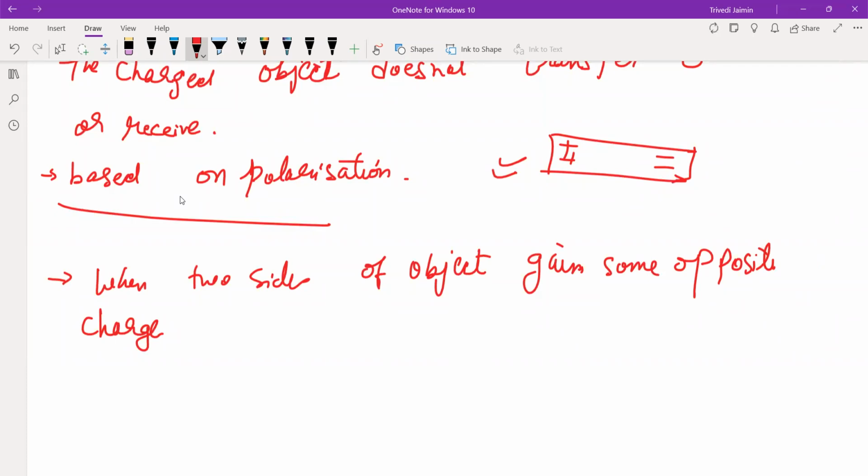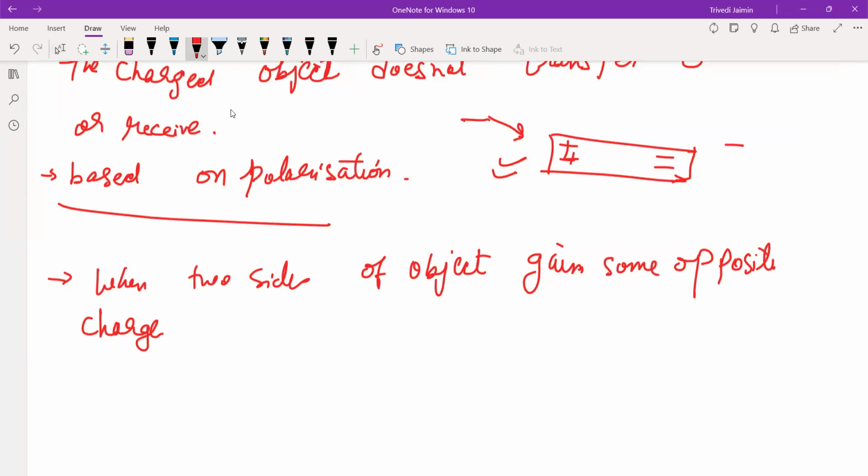What will happen if the object is having positive and negative charge? Can you think of it? Yeah, it will attract, I guess. So it will have potential difference also. Yes, high voltage, exactly. When we place a negative charge near, it will attract this side. When we place a negative charge here, it will repel.